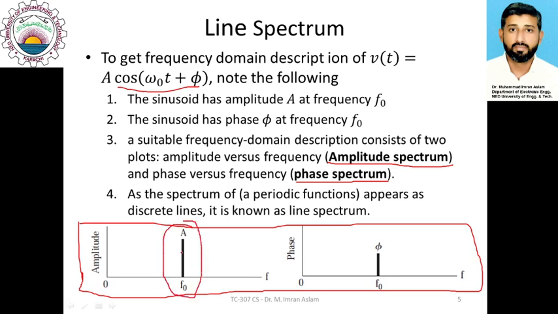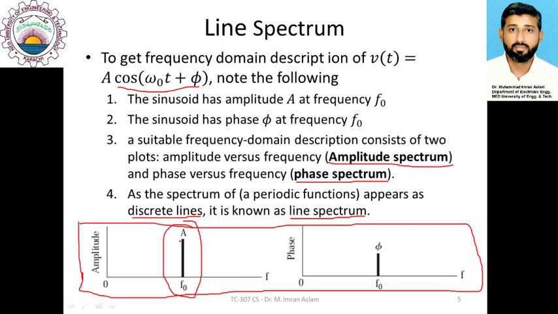It comprises some specific number of lines. This one contains only one line, but there may be other lines as well for different types of functions. Generally, a periodic function has a plot which appears as discrete lines. So this type of spectrum is named a line spectrum. It's a line spectrum because we have discrete lines in the spectrum.